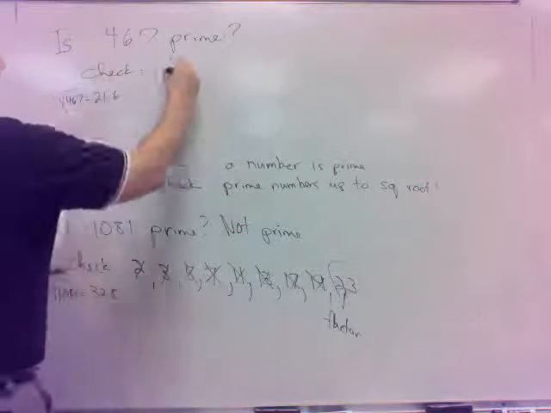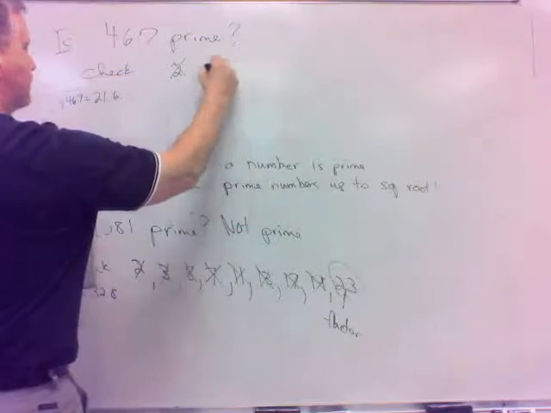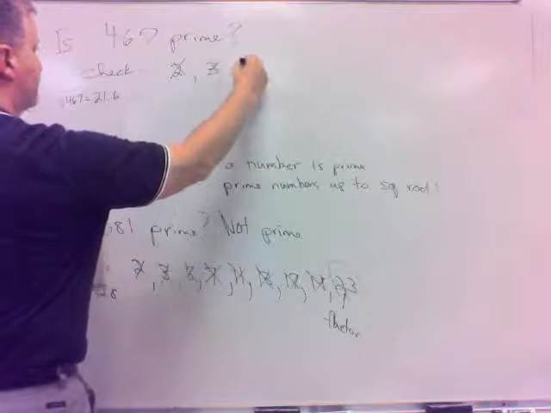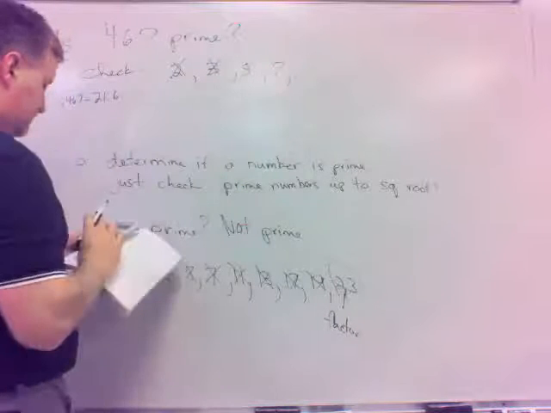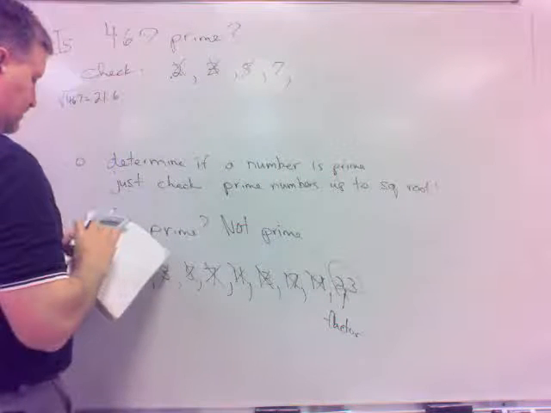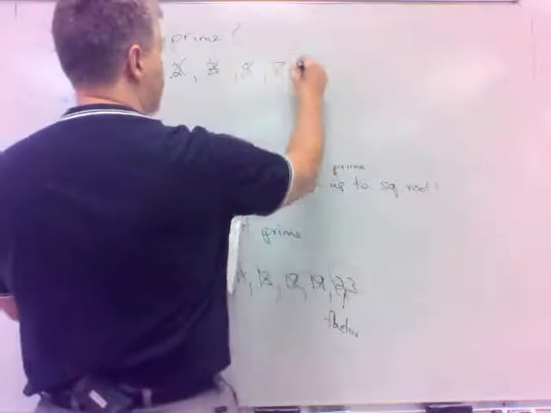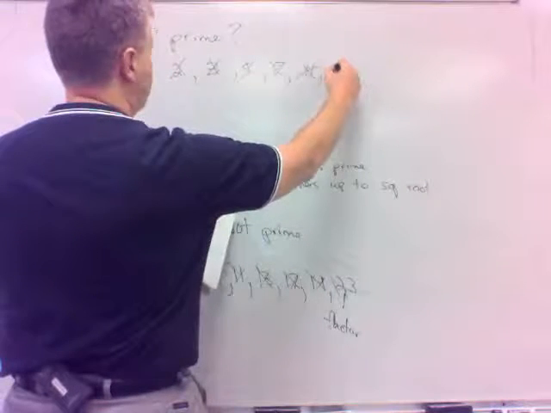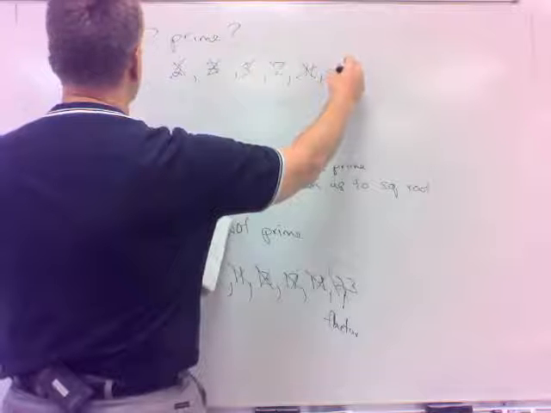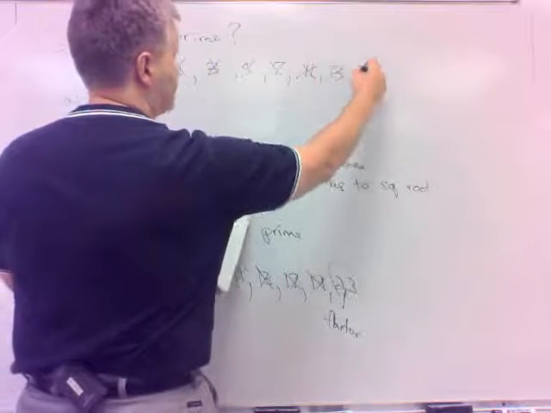So let's check 2. Obviously no. 3, no. 5, no. 7. Is 7 a factor? No. Doesn't go evenly. 11? No. 13? No. 17?